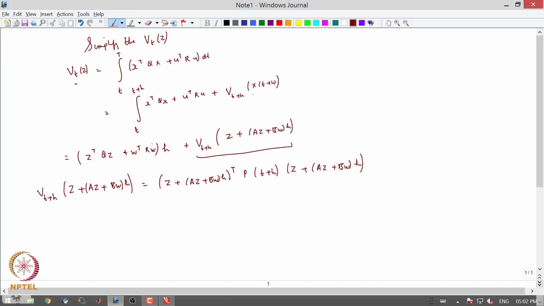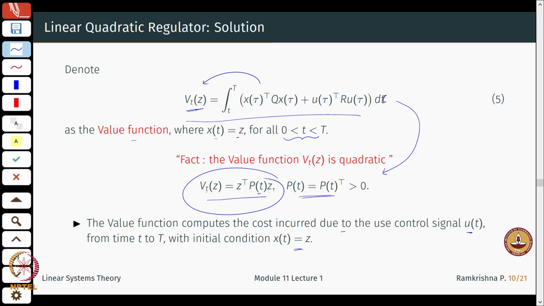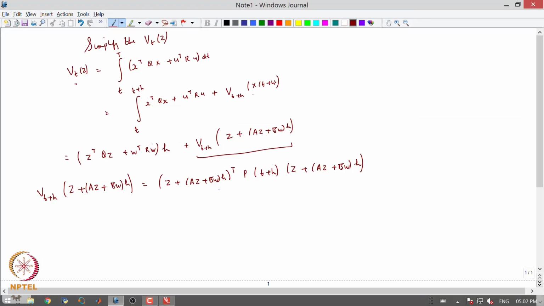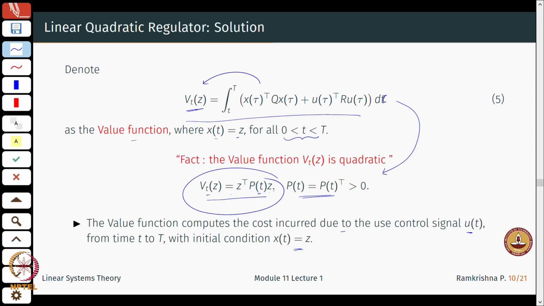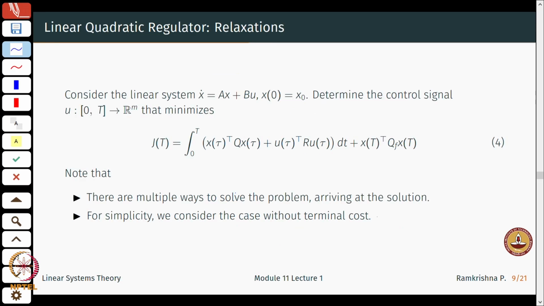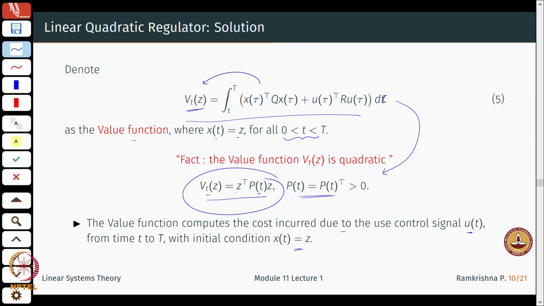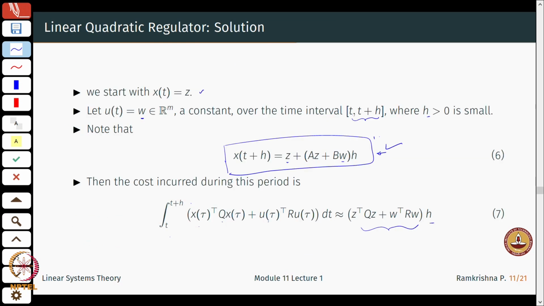I am not doing anything special here, I am just writing V_t for this particular h, where the x is approximated as this function.